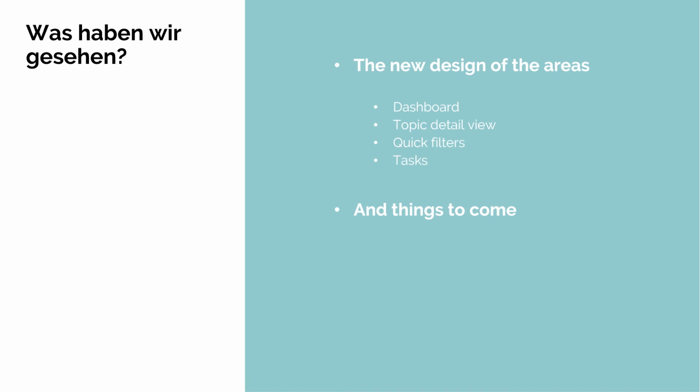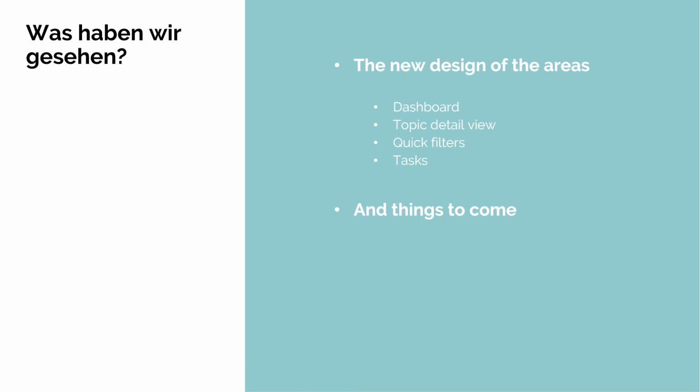That's what you see when you click on a topic folder. There, the whole design is more sorted and you can customize the table of contents as you like it or need it. Then we took a look at the quick filters and the new designs for that. Possibilities like sorting orders and view possibilities.